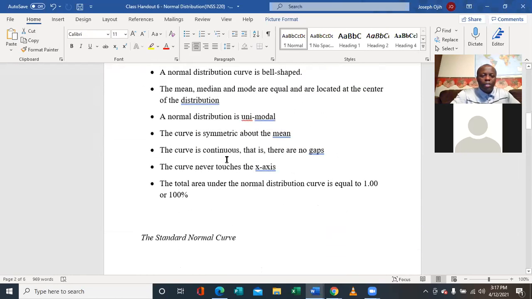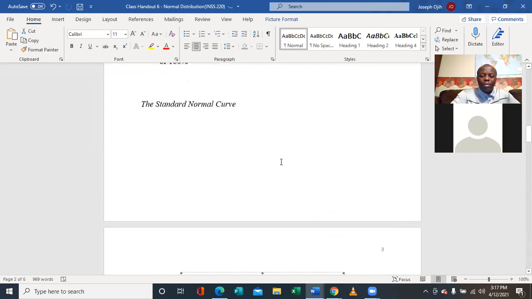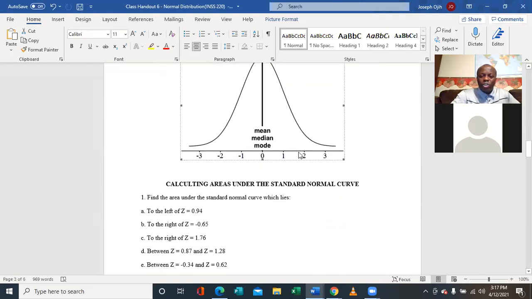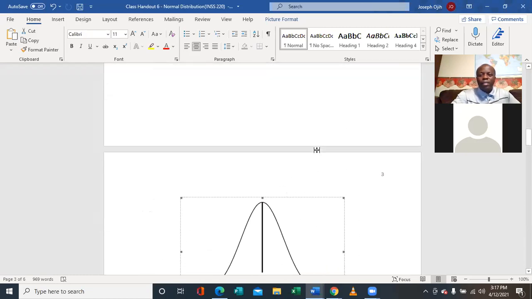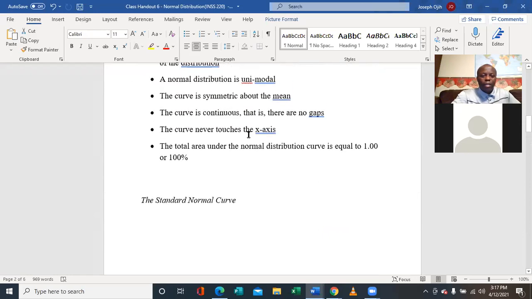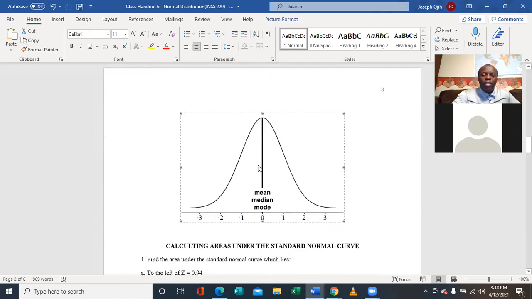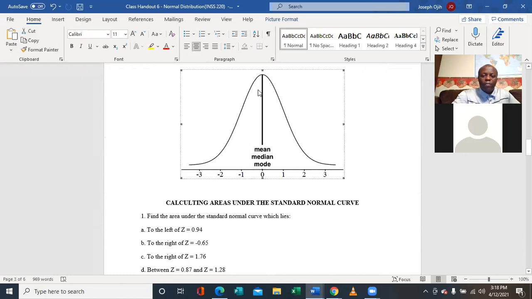Then the curve is continuous. That is, there are no gaps. It keeps going. It never touches this line. See, it keeps getting closer, but never touches it. It's asymptotic. The curve never touches the x-axis, and the total area under the curve is 1 or 100%. Half of this is 0.5.